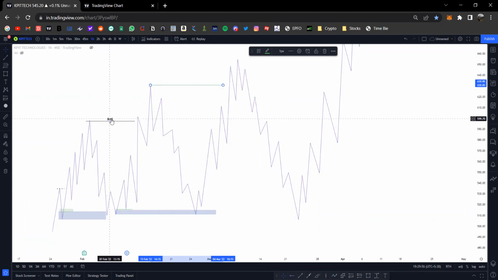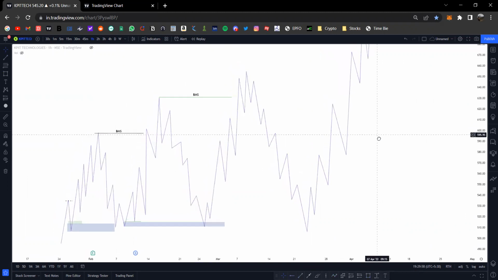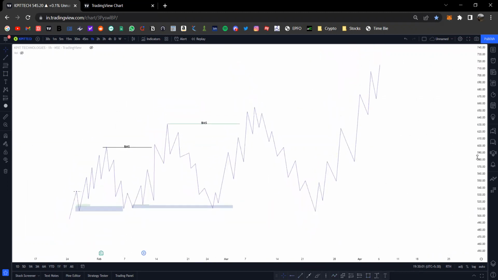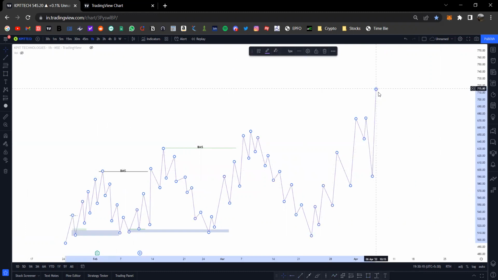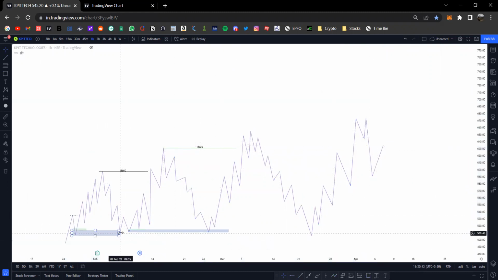So we again have a minor break in market structure, and then again price came again and took out this low as well and this low as well.